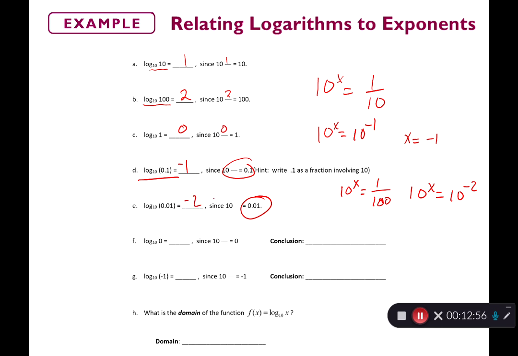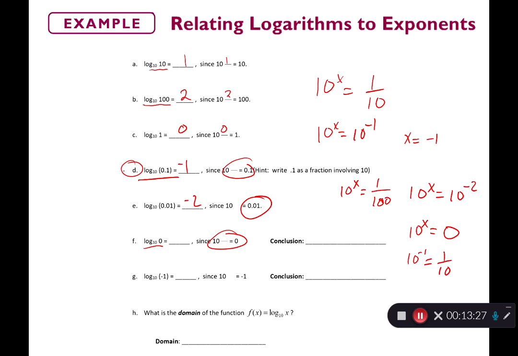All right, now F and G are kind of interesting, because if I take the log base 10 of 0, the question I have to answer is 10 to what power would equal 0? Now, if I put in 0, I would get 1, right? 10 to the 0 would be 1. And if I put in 10 to the negative 1, I would get 1/10. Remember D?